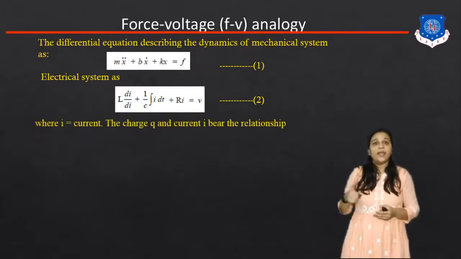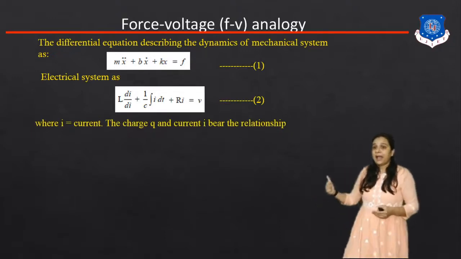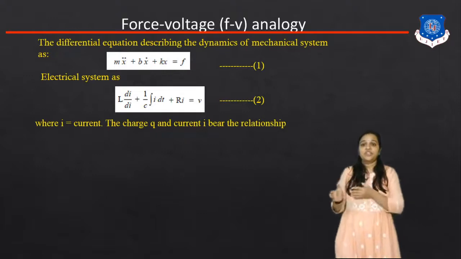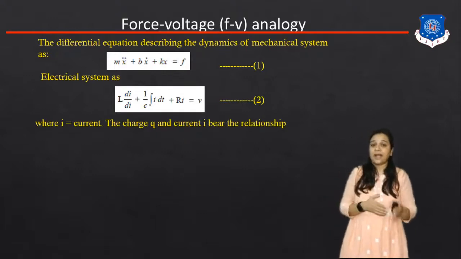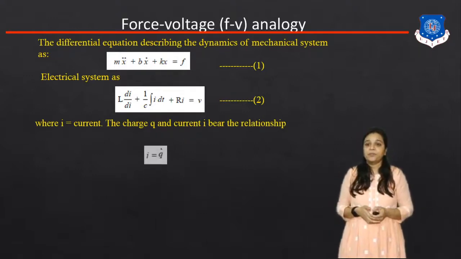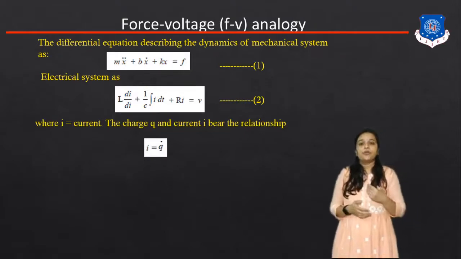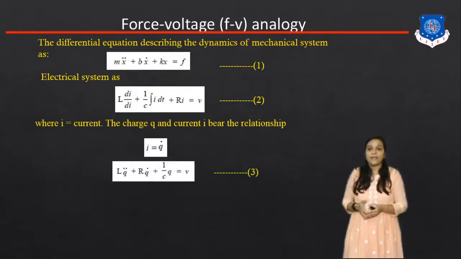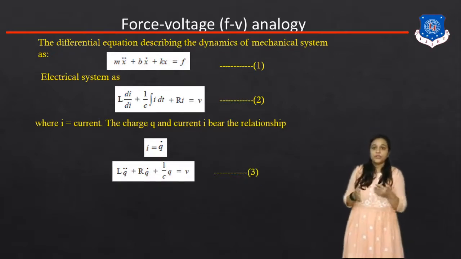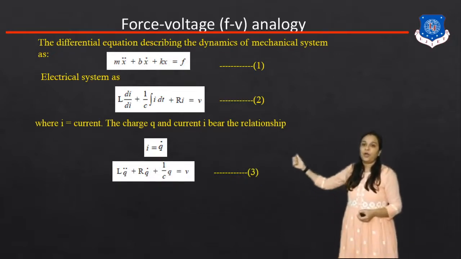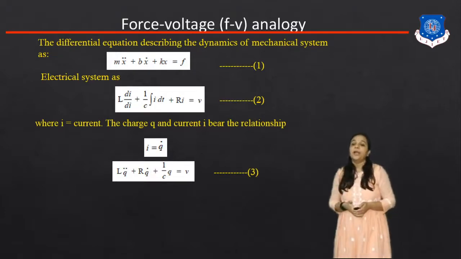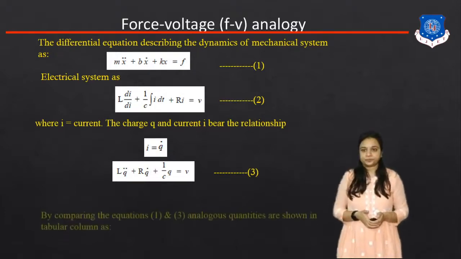As you know, i is the current flowing in this system, and the charge q and current i are related: i is equal to dq by dt, that is q dot. So we replace i with q dot: L q double dot plus R q dot plus 1 by C q, that is equal to V.